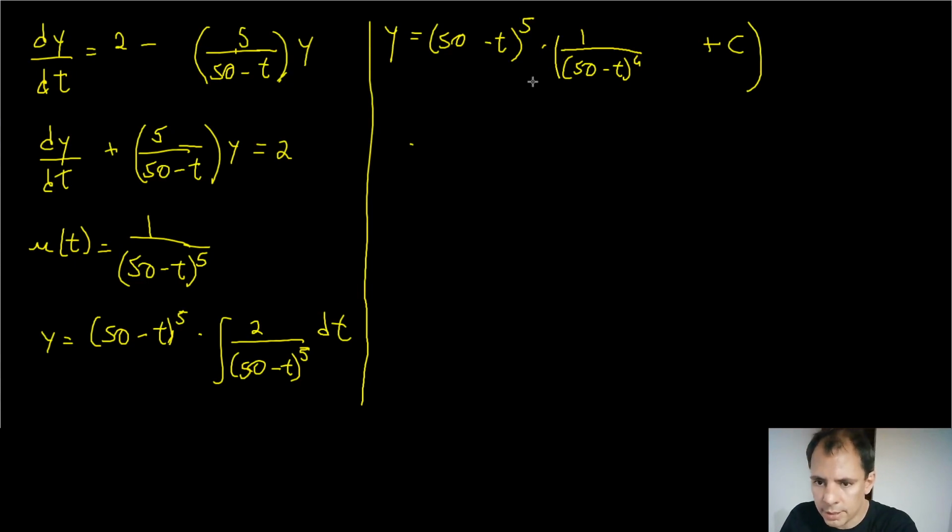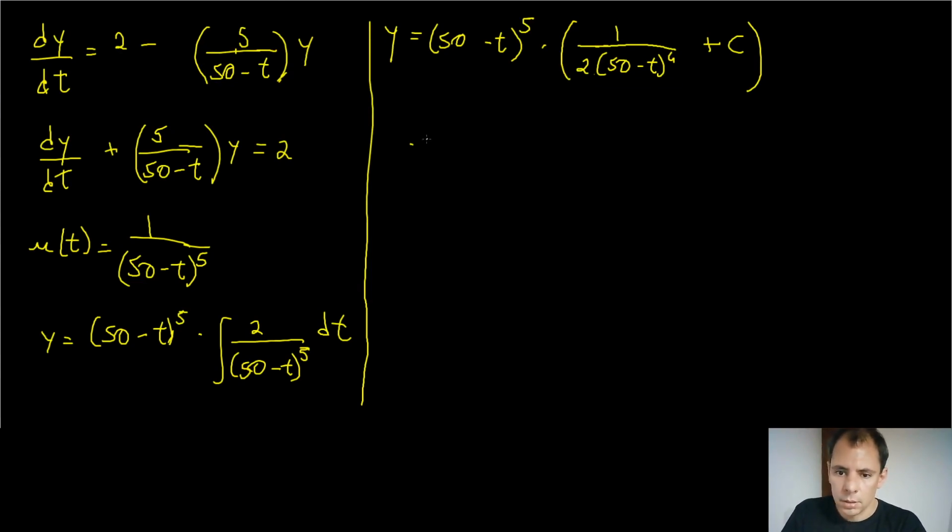I have to erase it. Okay, I'm gonna bring this over. I put a 2 here and this. Okay, so it's gonna be 50 minus t divided by 2.